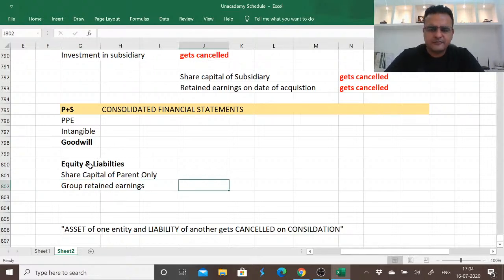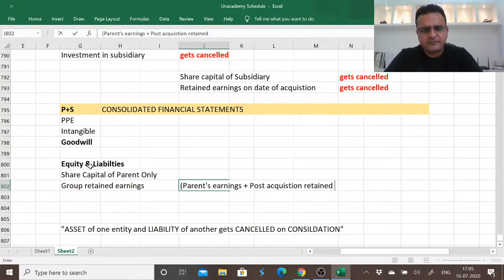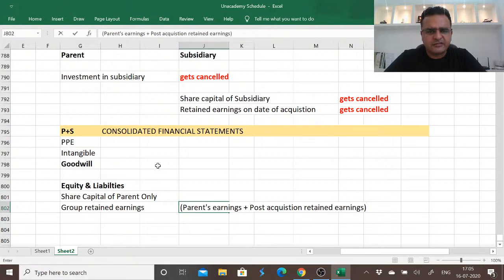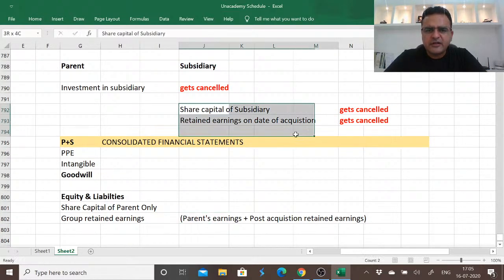And even in the group retained earnings, it is parent's earnings plus post-acquisition retained earnings. Post acquisition means after the date of acquisition, because whatever was existing on the date of acquisition was acquired by the entity.